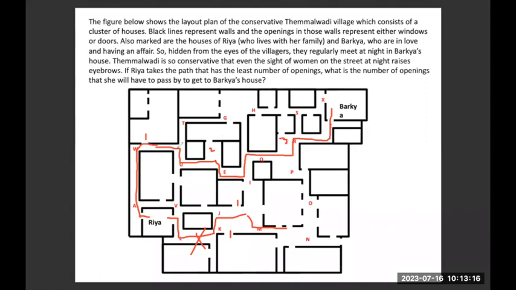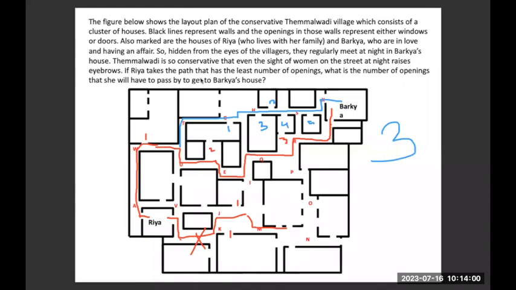Now you may argue, what if somebody takes, let me change the color, what if somebody takes this route? In which case 1, 2, 3, 4, 5, and then she reaches Bhakya's house. So the red colored route marked here is the route with the least number of openings, which is 3, which this woman encounters to reach the other end. Okay.